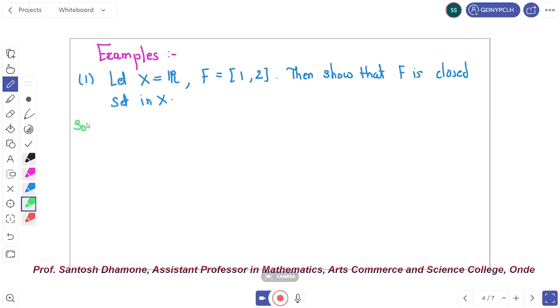Suppose here there is 0, the origin, then on this side 1, 2, 3, 4, and on the left side minus 1, minus 2, minus 3, minus 4, and so on.